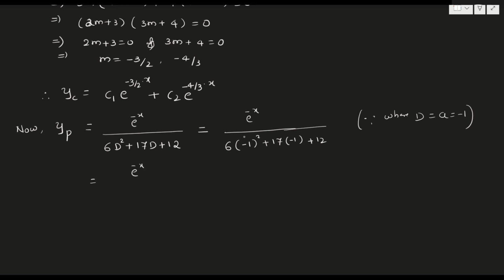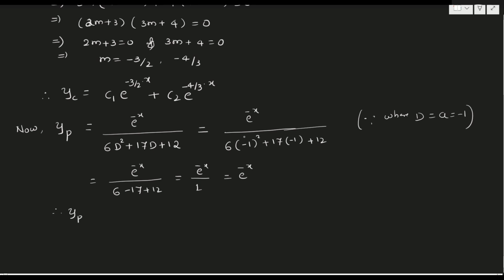Minus 1 whole square is 1, so it is 6 minus 17 plus 12. Six plus 12 is 18, minus 17, so it is plus 1. So e raised to minus x divided by 1 equals e raised to minus x. Therefore, yp equals e raised to minus x.